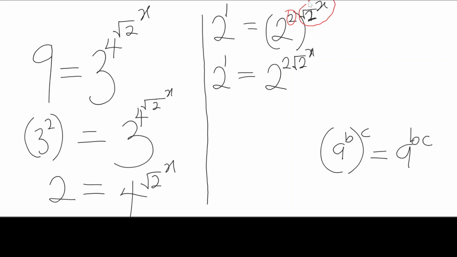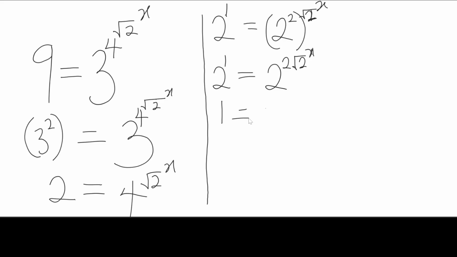It means 2 is going to be multiplying root 2 and x, and that's what I've just done. Now let's progress. Since we know that the base is the same, then we equate the powers. So we are going to be having 1 equals 2 root 2 to the power of x.